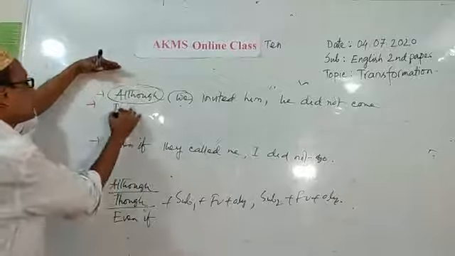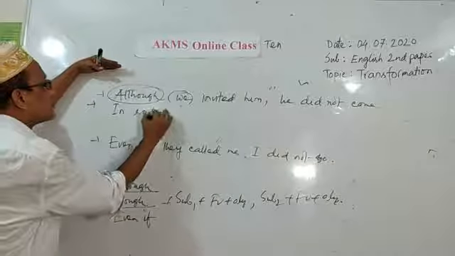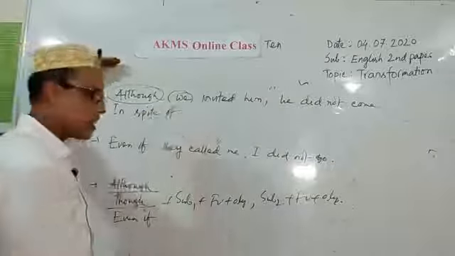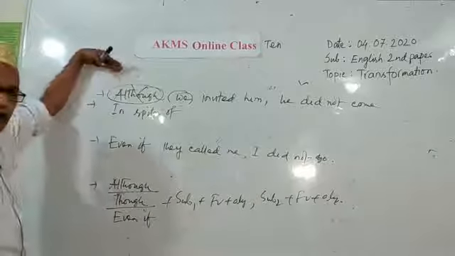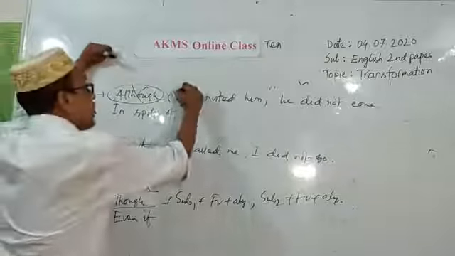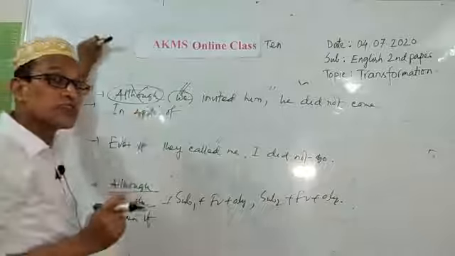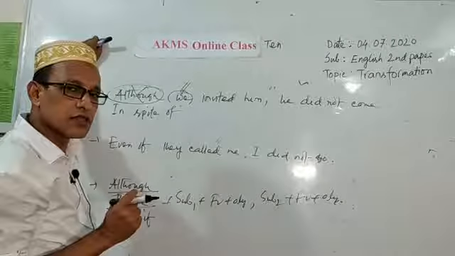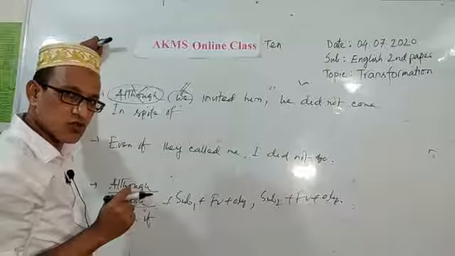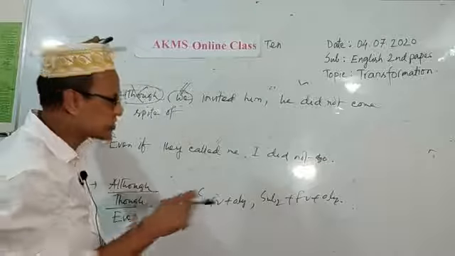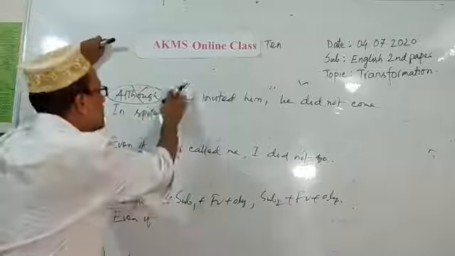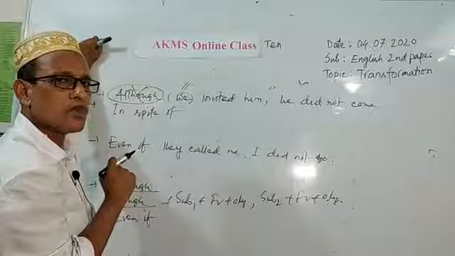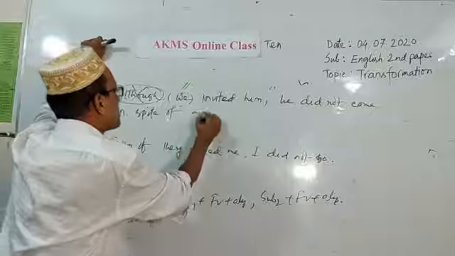Now, in spite of, I have used at the place of although. And now I will use the possessive form of the subject that was used in the subordinate clause. We. What is the possessive form of we? Our.